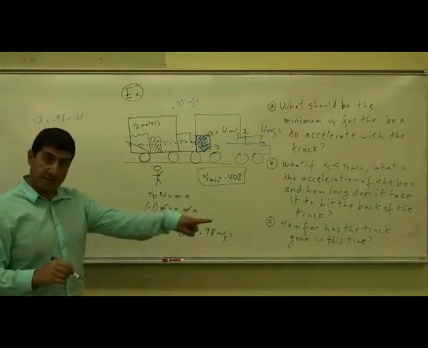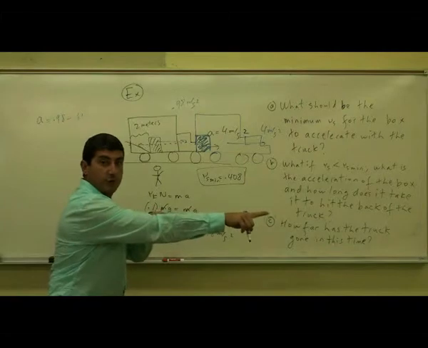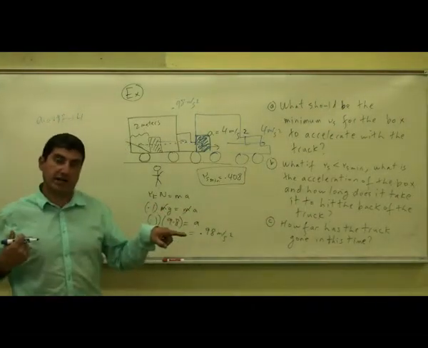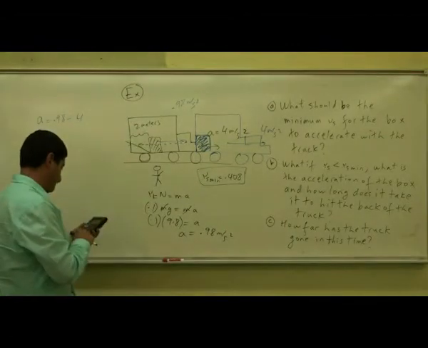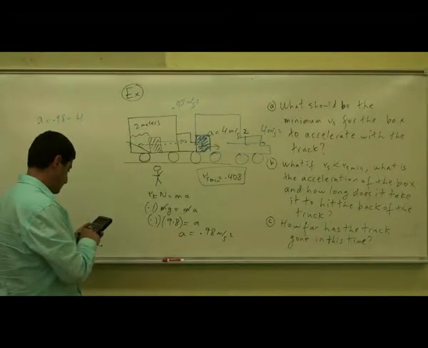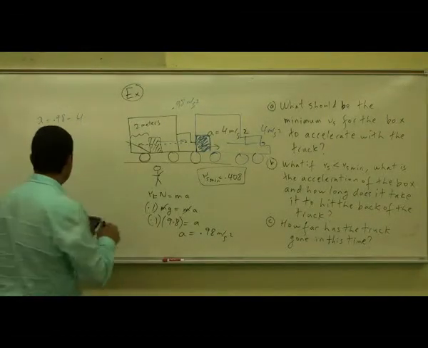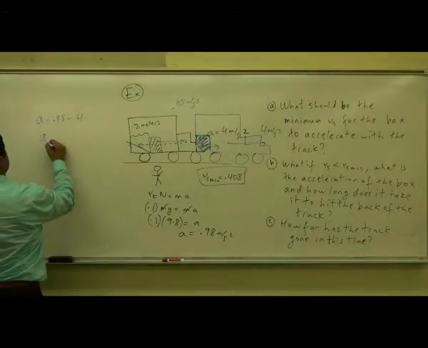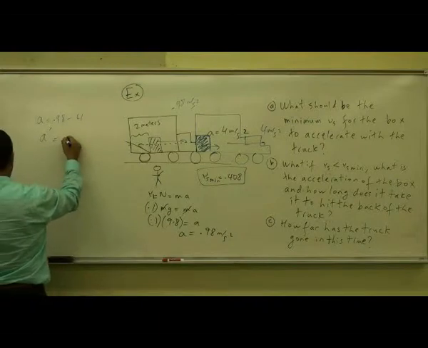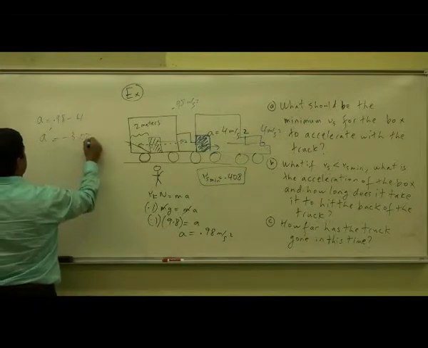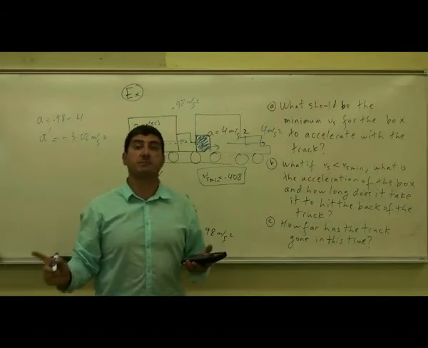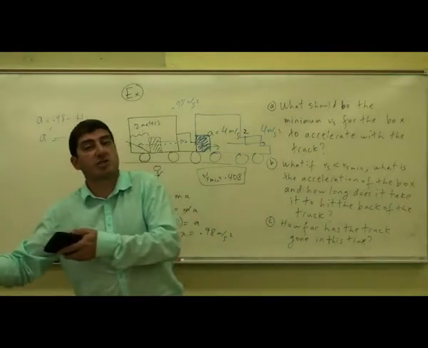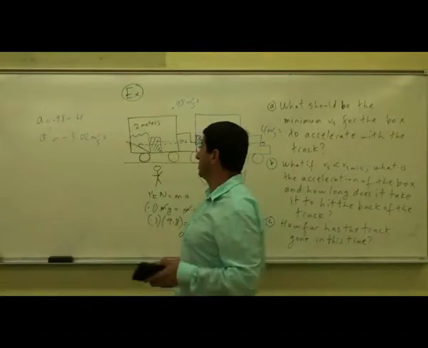The box is accelerating forward, the truck is accelerating forward faster, so it looks like the box is accelerating backwards, right? We can call this acceleration prime. That's negative 3.02 meters per second squared. So with respect to the truck, the box is accelerating backward at 3.02 meters per second squared.